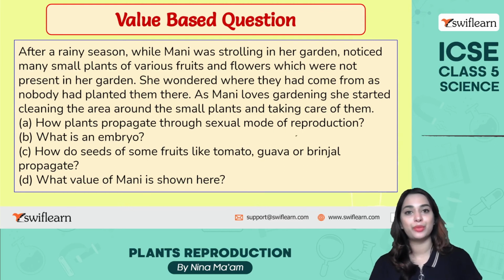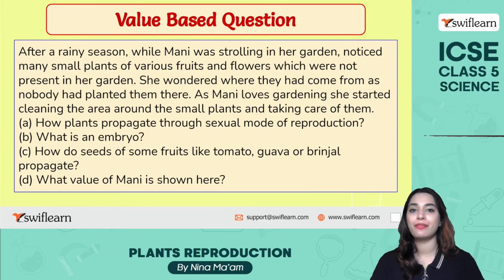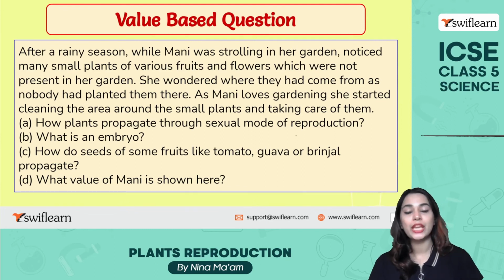So what is an embryo? An embryo is a future plant which is found deep inside the seed, and it forms from the zygote. And how do seeds of some fruits like tomato, guava, and brinjal propagate?